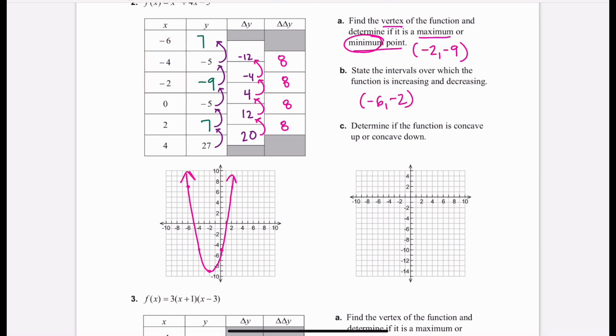And then it's increasing from -9, it starts increasing again from the points -2 to 4. So increasing, decreasing. Since it's pointing up, this is going to be a concave up equation.